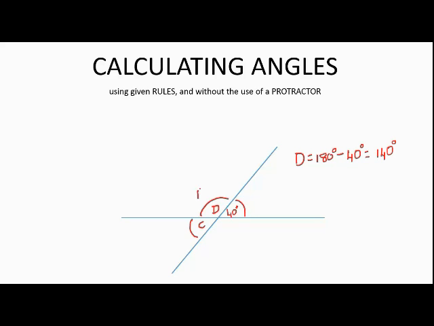So this angle here is 140 degrees because 140 plus that 40 will give me my 180 degrees for my straight angle. Angle C is automatically exactly the same size as this 40 degree angle, so angle C will be 40 degrees.